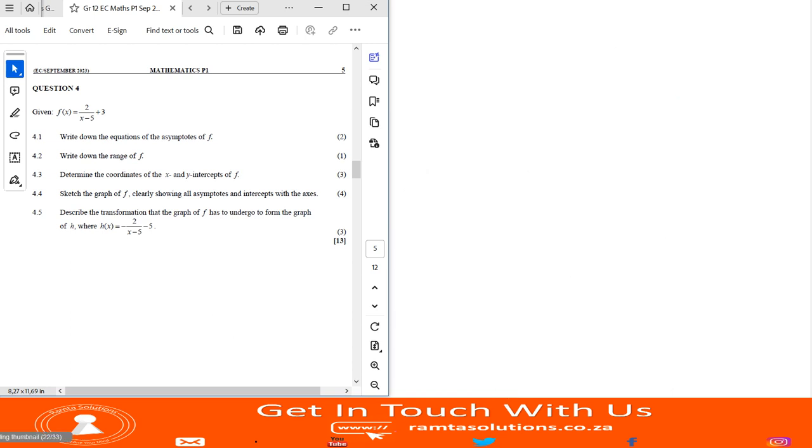Now, 4.5. It says describe the transformation that the graph of f has to undergo to form h. Now, check this out, guys. Remember, f of x is 2 over x minus 5, plus 3. But what is h of x?